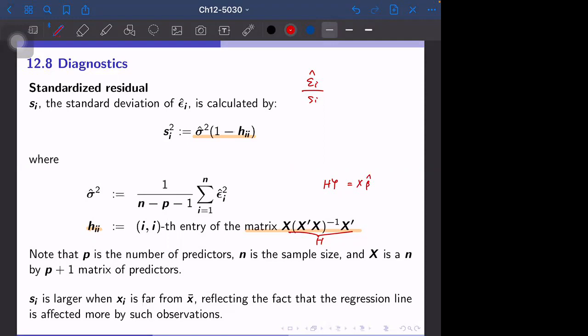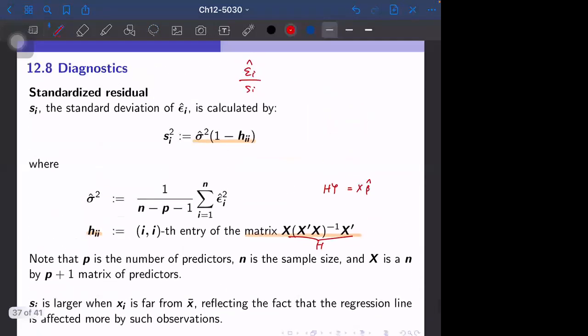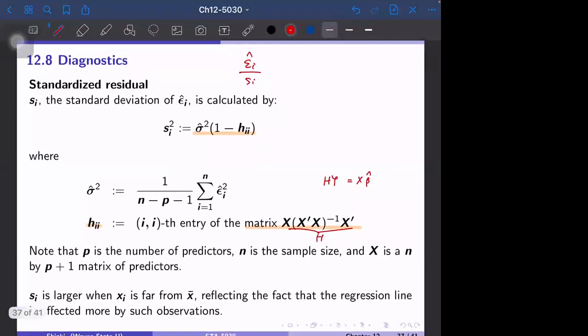So basically h_ii represents how much potential influence the observation has on y. So basically, if we have x and y, and the x values are far away from the center, it has a larger impact on the regression line.